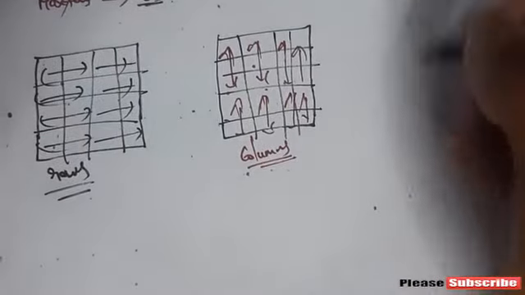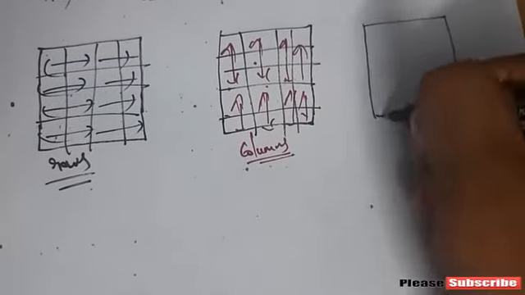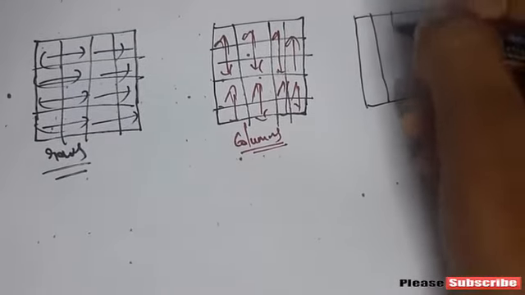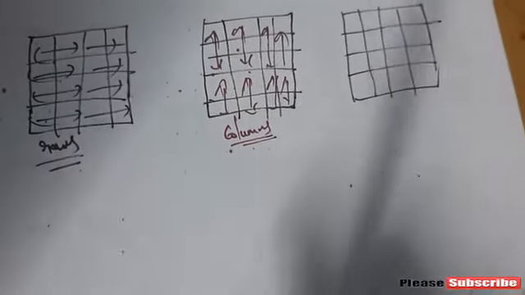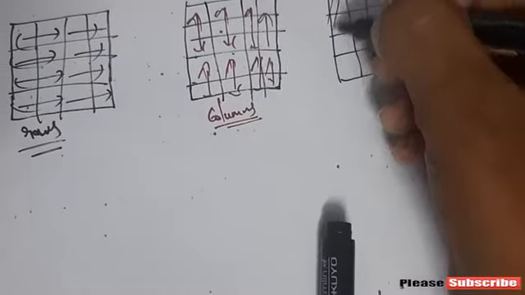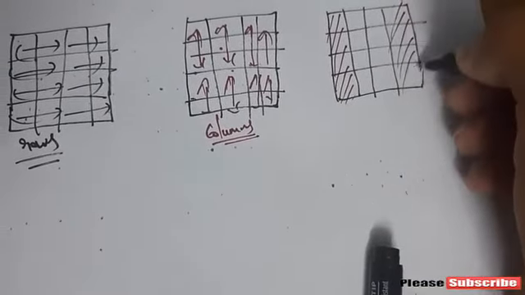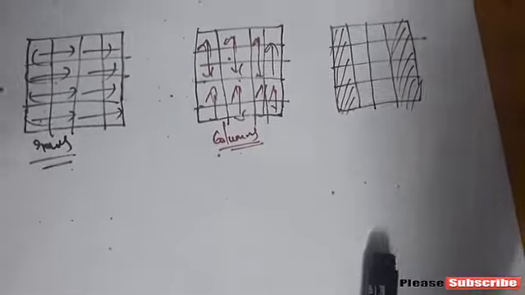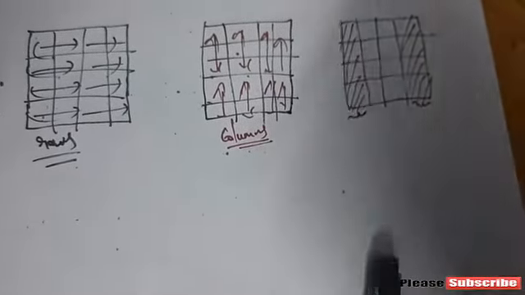Next, three. Here, if you have numbers or variables here, we can join these cells and these cells as a single cell.